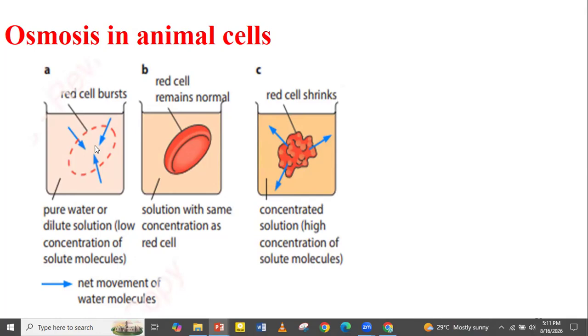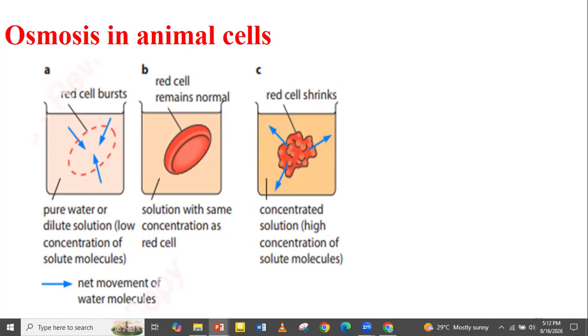The cell is going to expand because it simply has a cell surface membrane. As more water enters, it applies pressure to the cell, which starts bulging, growing bigger and bigger, and eventually the cell surface membrane will not be able to hold the pressure because of the water that has entered it, then it's going to burst.